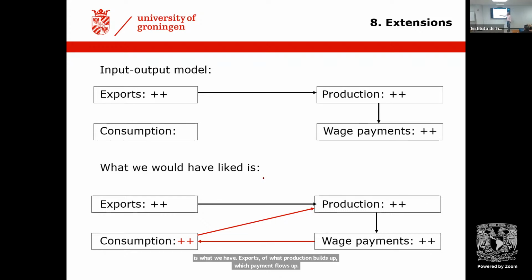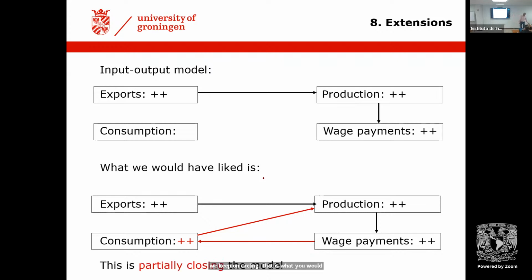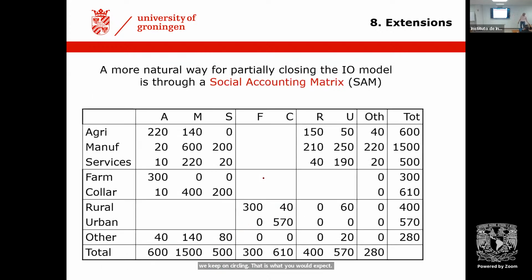You would expect that in real life, exports go up, production goes up, wage payments go up, and therefore the consumption goes up. But if the consumption goes up, then production goes up, and we keep on circling around. That is what you would expect. Now that can be explained with a social accounting matrix.